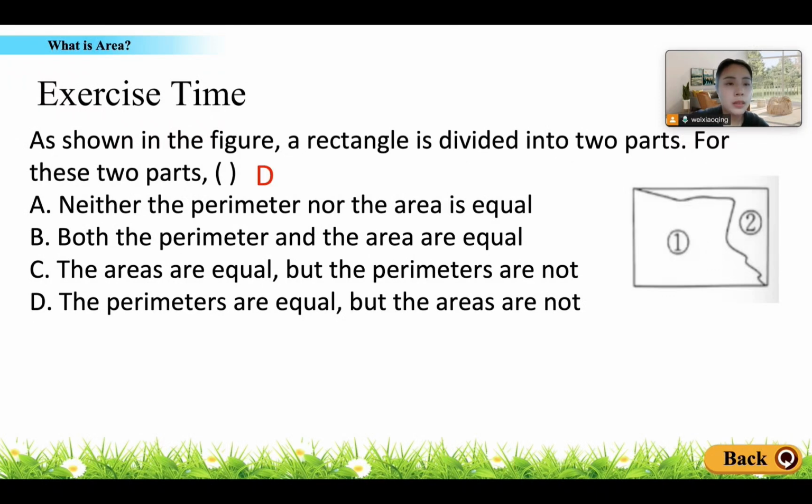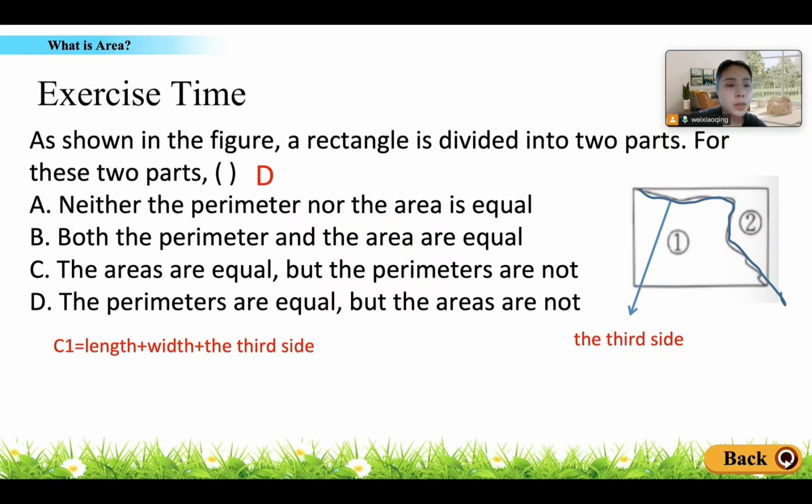Part 1 and part 2 share the third side. According to the definition of perimeter, the total length around a closed figure, we can write the perimeter equations for part 1 and part 2.